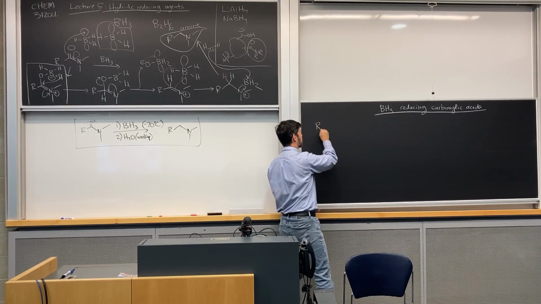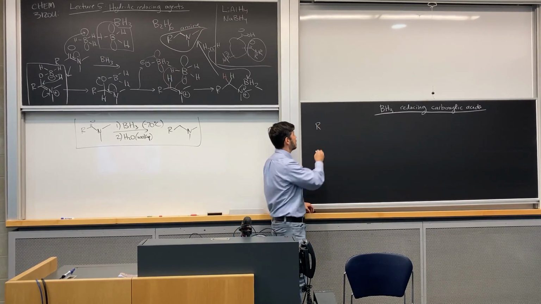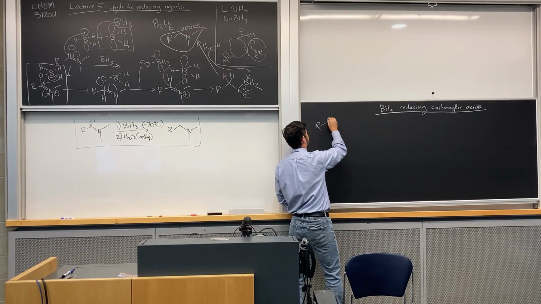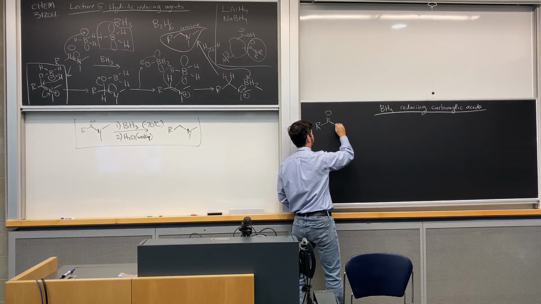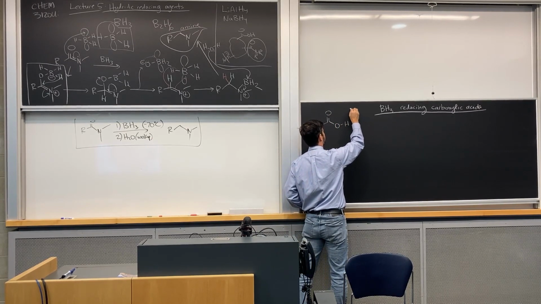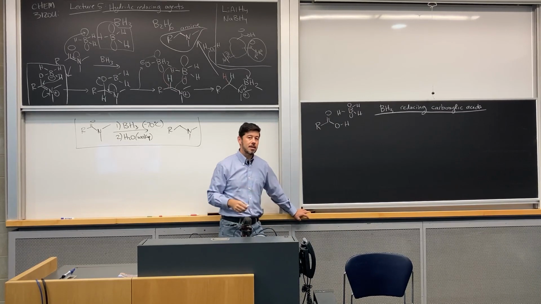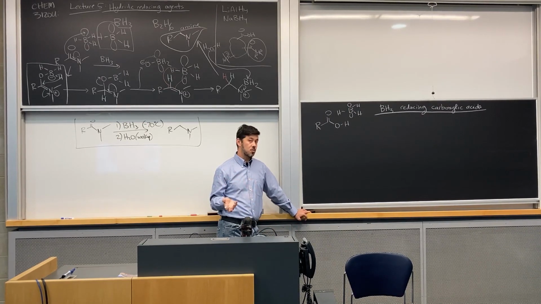But this is another functionality that is often very useful to reduce. So if we take a look at a generic carboxylic acid and ask the question, what is going to happen if we add BH3? And again, use the same principles that we had in outlining that BH3 has an empty low energy p orbital.